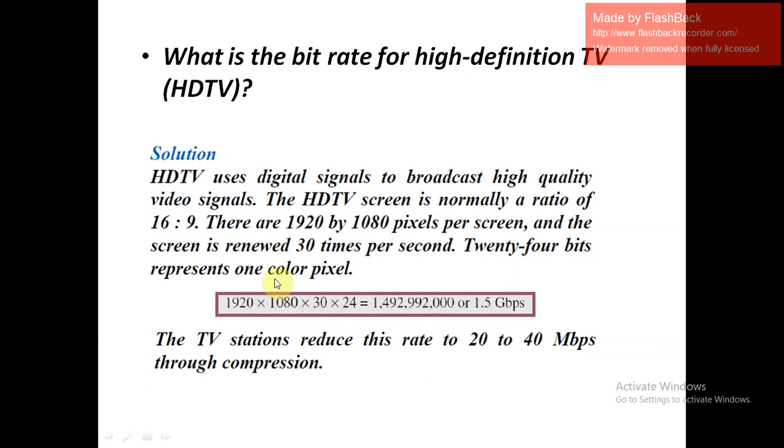Each color contributes 8 bits, so 3 colors means 24 bits, and that's why it is multiplied by 24. So this 1.5 Gbps is the bit rate of the HDTV.